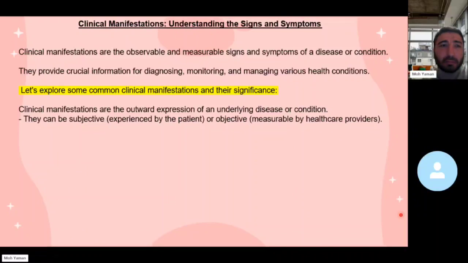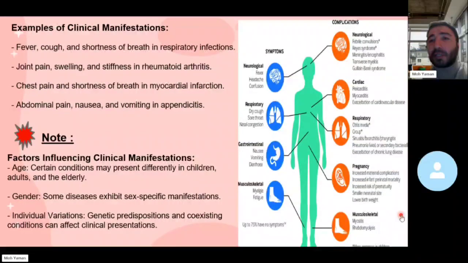Let's explain clinical manifestation, to understand the signs and symptoms of the disease. First of all, what does it mean? Symptoms are many signs that can appear on the human body telling that there is something wrong that must be treated. Here I just put a picture.